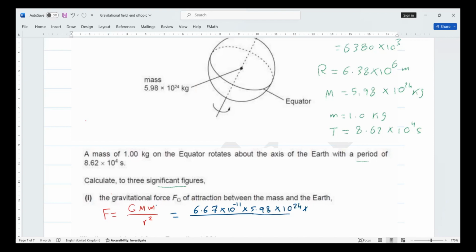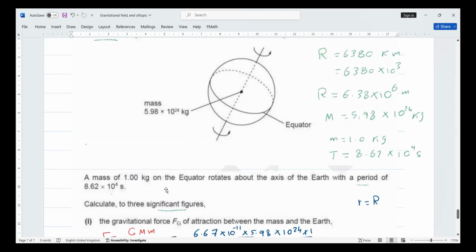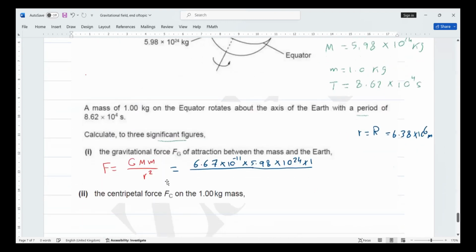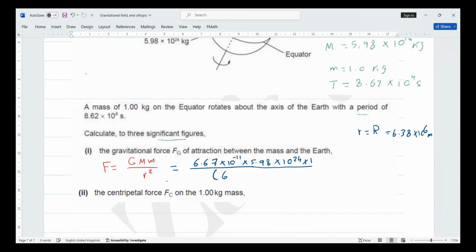M small is 1 kilogram, divided by R, because we talk about the surface. R of the Earth was 6.38 multiply 10 power 6 meter. Then we write over bracket 6.38 multiply 10 power 6 all squared. By using the calculator, the answer will be 9.8 Newton.